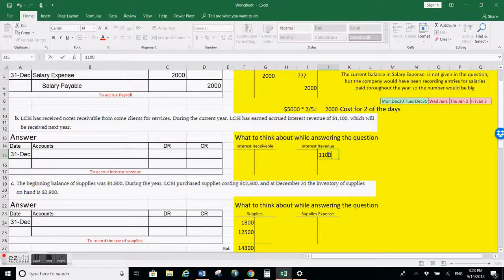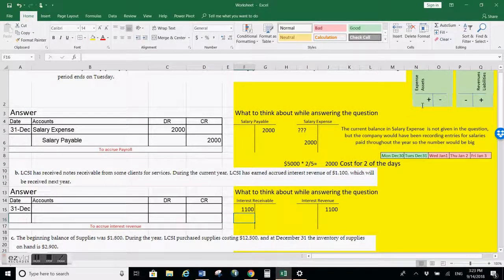Revenues are always credits. So we've earned that revenue, and what we will want to do is show that $1,100 in our interest revenue. Our debit is going to be interest receivable. We'll show that on our balance sheet. That receivable amount is going up. So using EARL, our assets are going up, and that's why I'm debiting it.